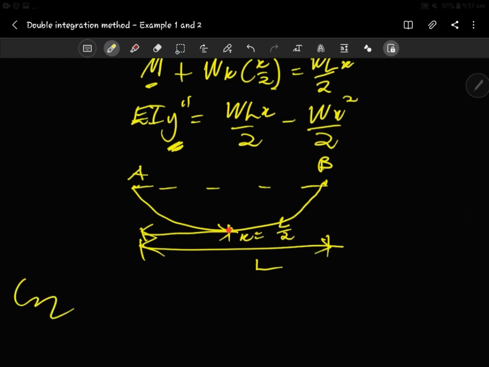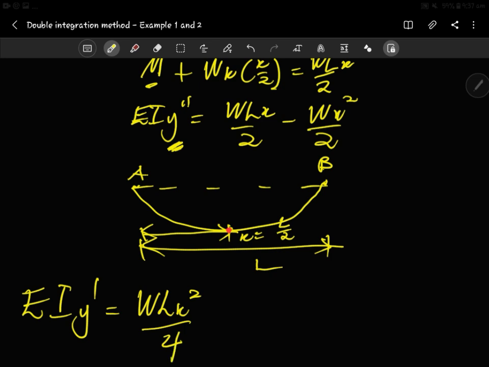So let's see. We get the first integration, and here we are doing it step by step. EI times the first derivative is equal to WLx on 2 on 4, and then minus Wx to the power 3 on 6, plus a constant of integration.